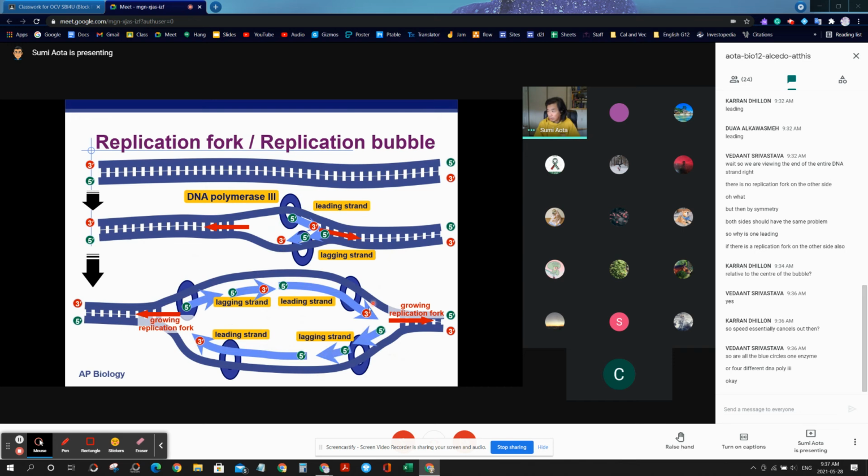So there should be, according to this lower picture, 1, 2, 3, 4, 5, 6 DNA polys, because there are 6 different strands of DNA. Okay? Is there any point in any of this that anyone needs cleared up?